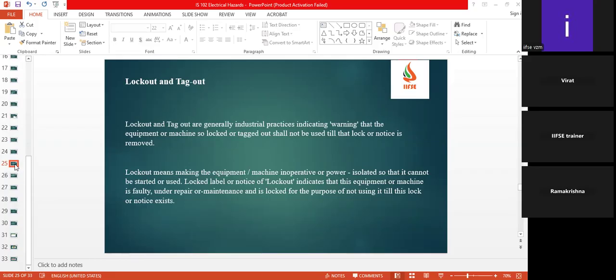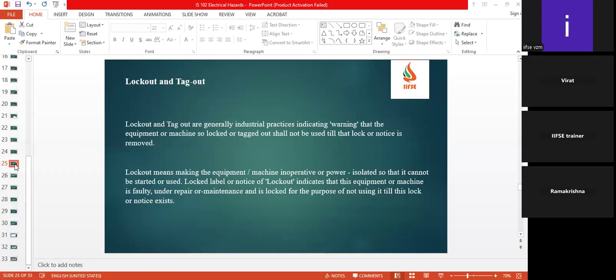So lockout and tagout, we will be locking all the energies. It is not about only electricity. Different equipments will have different types of energies connected: chemical, mechanical, even battery energy, stored energy.